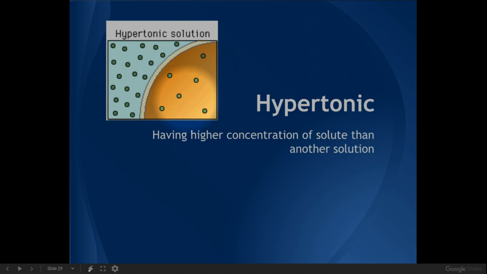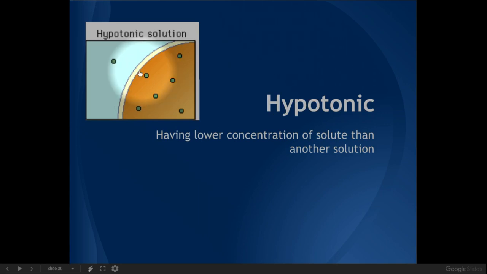So what I could say here is that the solution is hypertonic, but the cell is hypotonic because the cell has less solutes than the solution. So this solution is hypertonic, more solutes. The cell is hypotonic, less solutes compared to the solution.